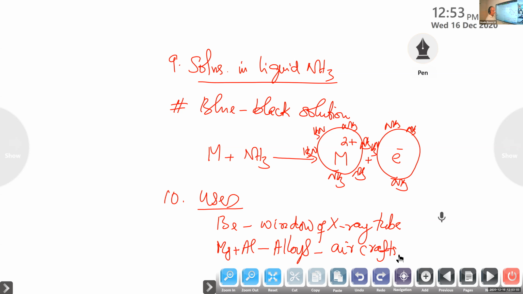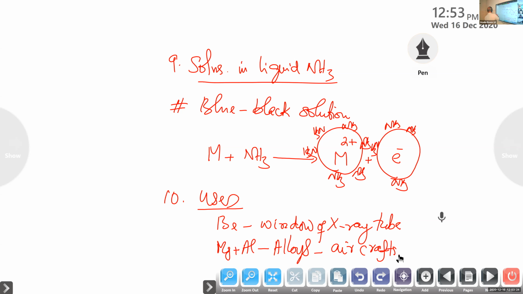You know the use of radium. Radium is a radioactive metal and it is used in the treatment of cancer. So know some of the uses, not all, of these metals.